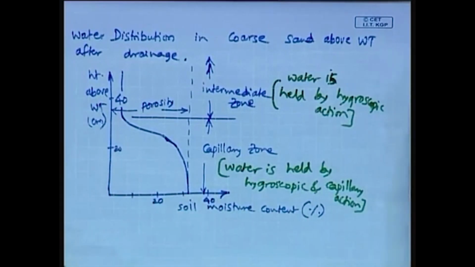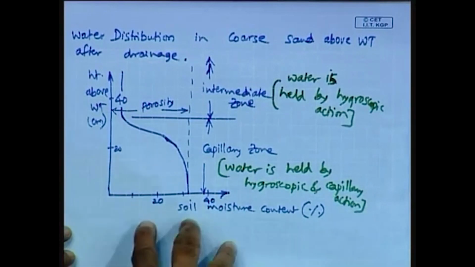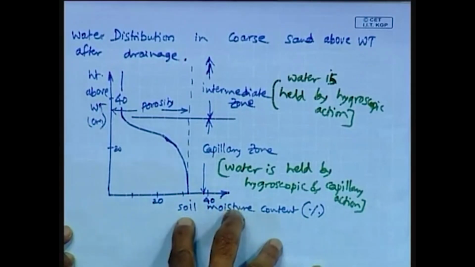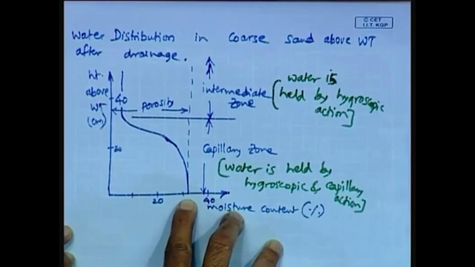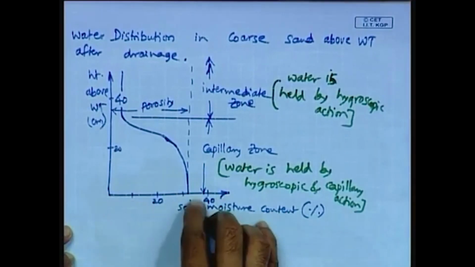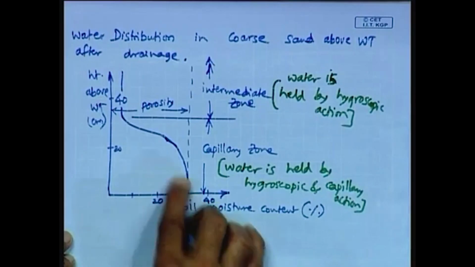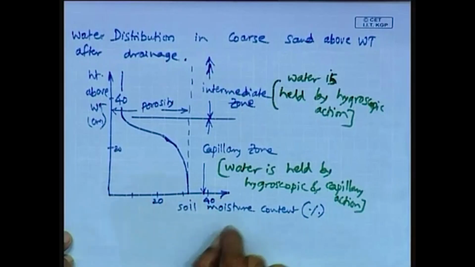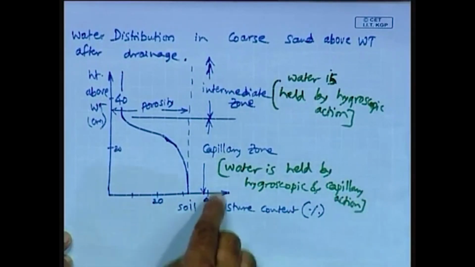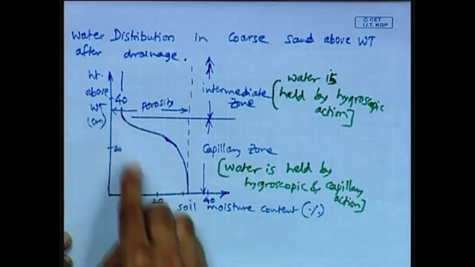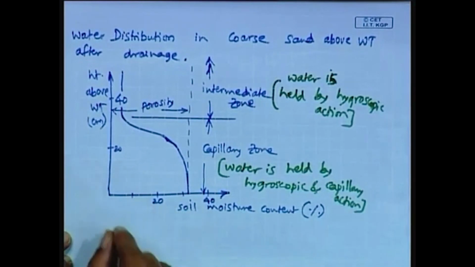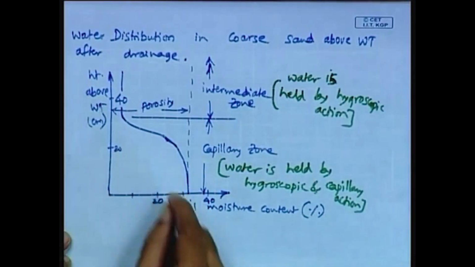So, this is how in the zone of saturation the water is held entirely by gravity, and that is for all the zone below the water table, and as we go above the water table, the water is held by hygroscopic as well as capillary action, and as we reach the intermediate zone, the number of pores which contain soil moisture gets reduced, only those continuous pores.